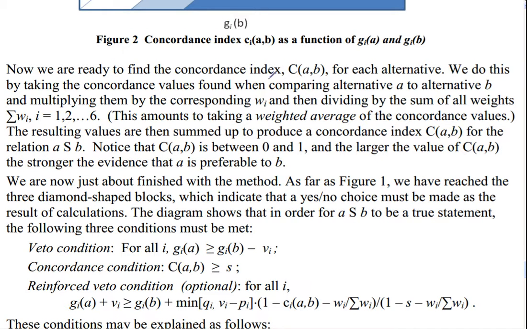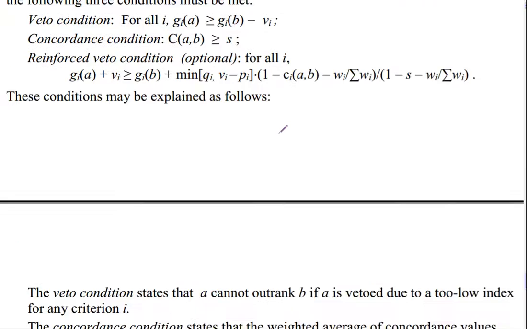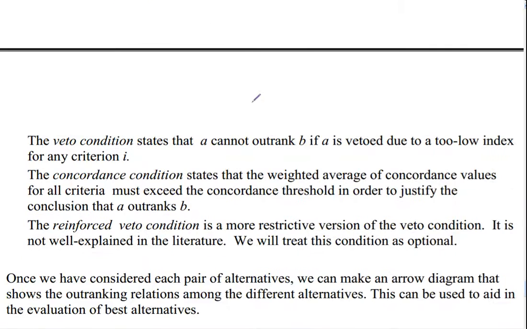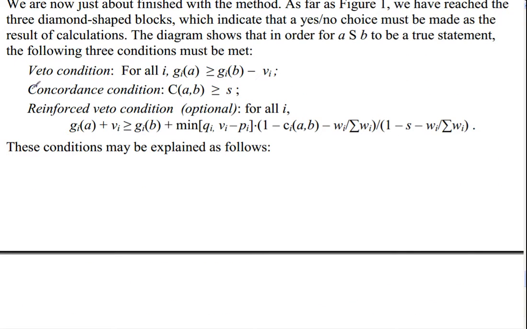Okay, now once you've computed the concordance values, you take the weighted sum of the concordance values to get the concordance index. And then you judge the relative concordance of the two alternatives according to these three conditions.